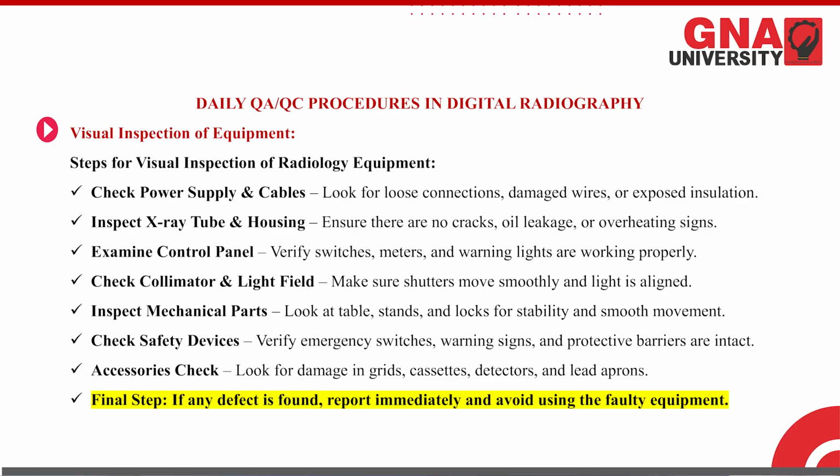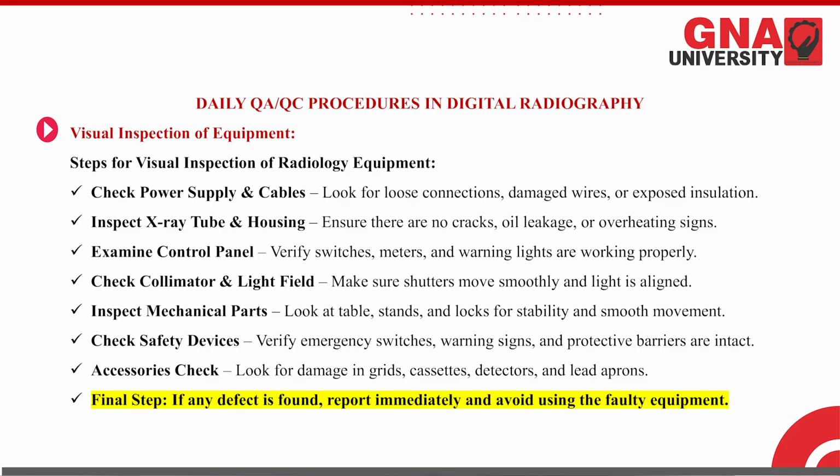And also we have to inspect the lead aprons. If any crack or any hole is there in the lead apron, we have to note it down. And the final step is, if we detect any problem in any of these visual inspections, we have to report it immediately to the service engineer, to the biomedical engineer.